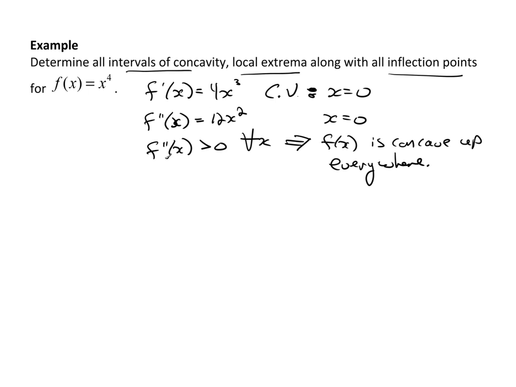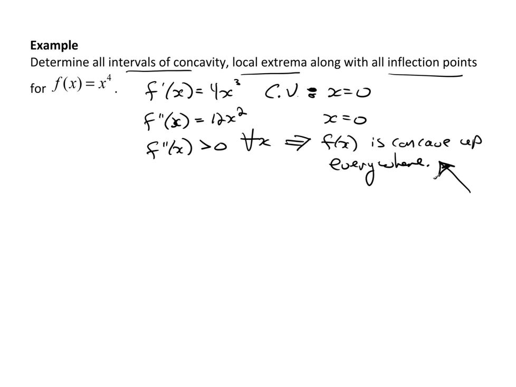Also, since the second derivative does not change signs at 0, it's positive everywhere, then we don't have an inflection point. So there is no change in concavity. Well, yeah, that's what we just got done saying. It's concave up everywhere.